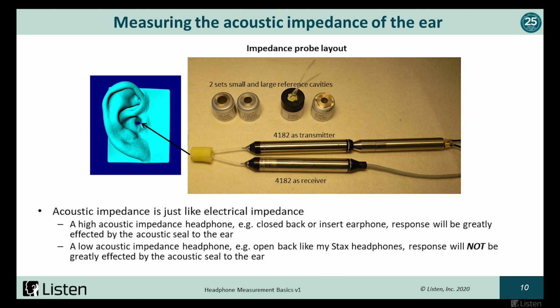So let's talk about acoustic impedance for a moment. The reason this is important is because, again, it affects our headphone measurements, and what we have to be careful of depending on what type of headphones we measure. So it's just like electrical impedance.